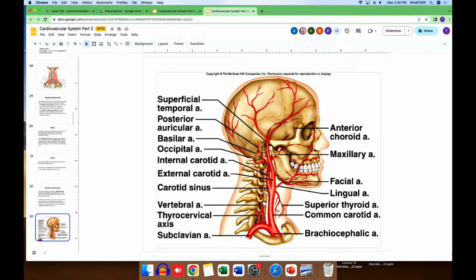The subclavian artery had our vertebral artery as the first branch. The second branch was our thyrocervical trunk, right? And we see our carotid sinus here, which was one of the branches of our brachiocephalic arteries, like the common carotid artery.